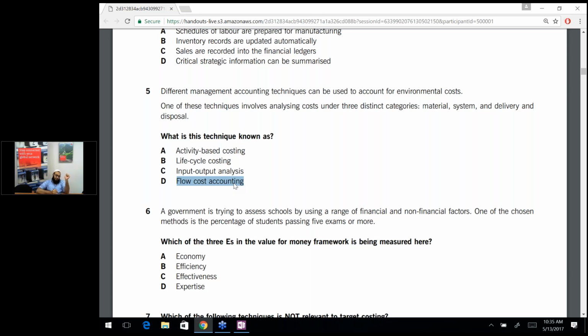Okay. The last technique that I see here is input and output analysis. According to this technique, what comes in must go out. This is basically a reconciliation of kgs. If you input 100, reconcile how much is output and how much got wasted. Whatever got wasted is environmental cost.